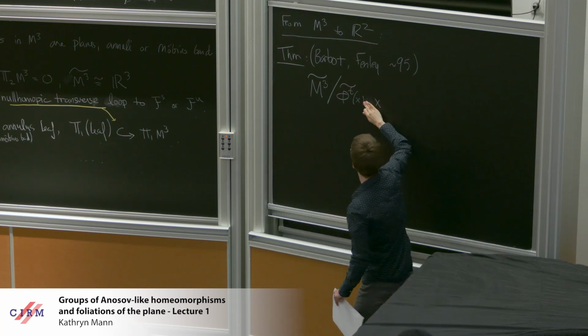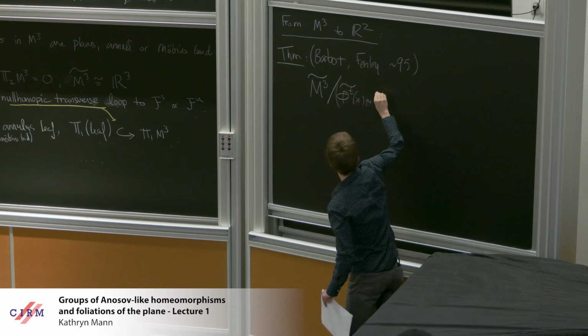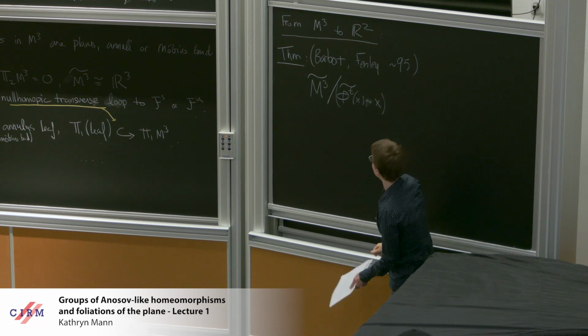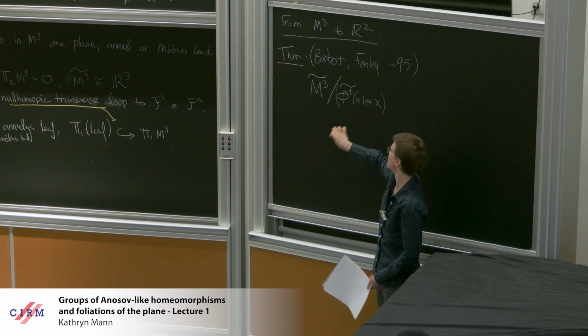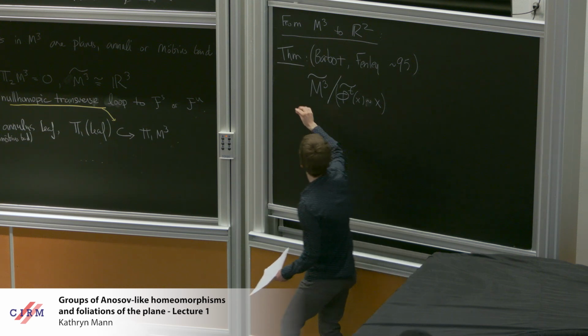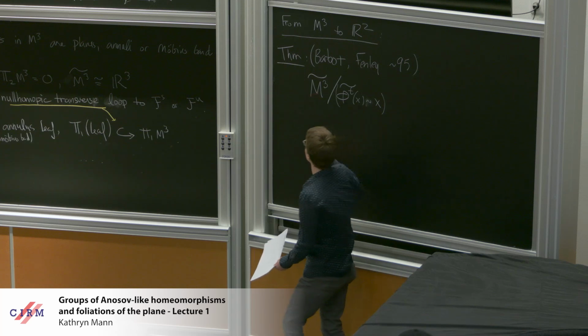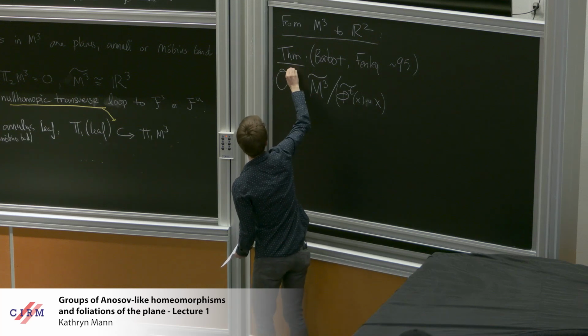Equivalently, I take a quotient by an equivalence relation where points on the same orbit are now the same. Here's the definition I'm trying to sneak into a theorem. This ends up being called the orbit space. It's the leaf space of the foliation by orbits up here. So let's do some notation for this: O for the orbit space of phi.